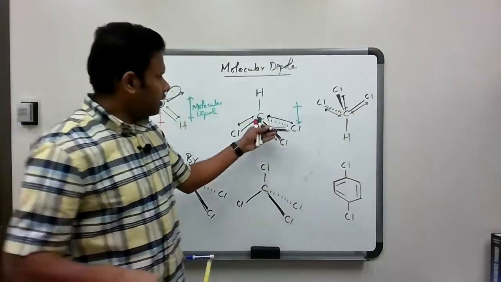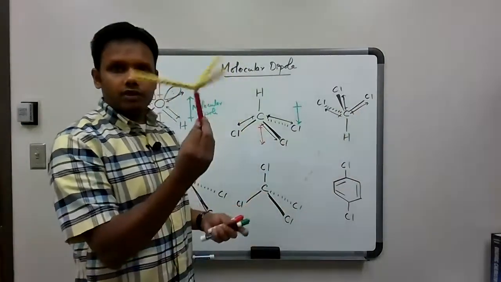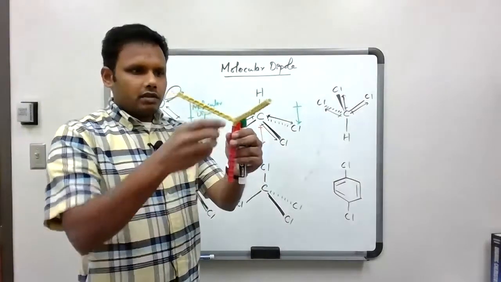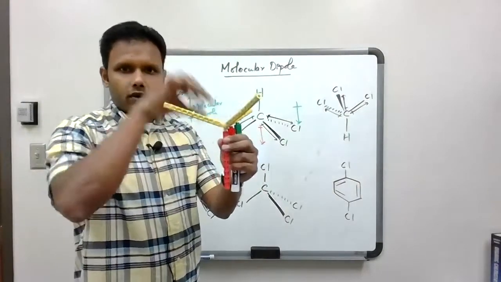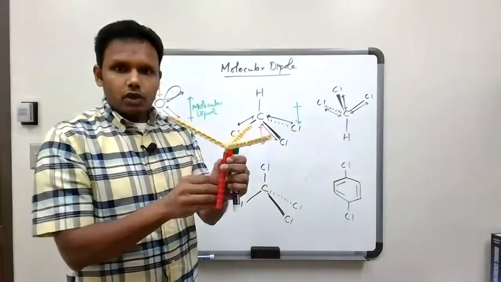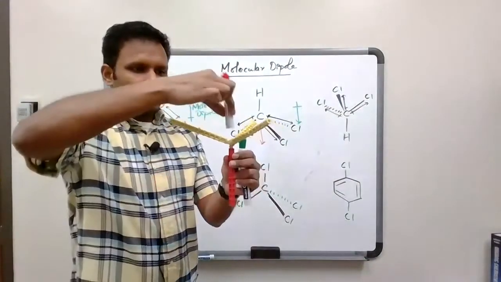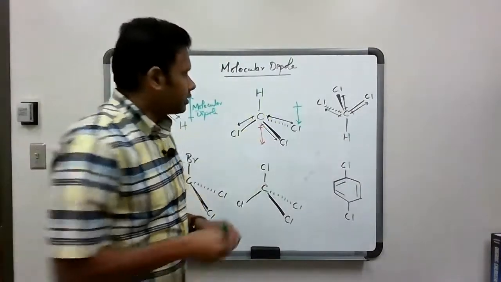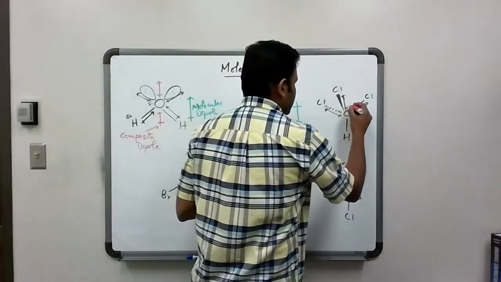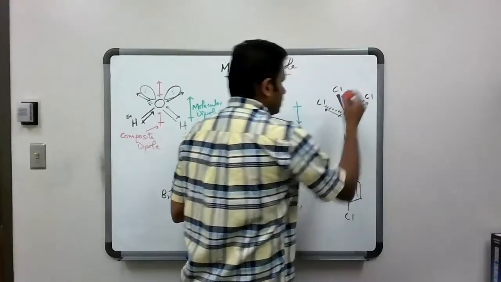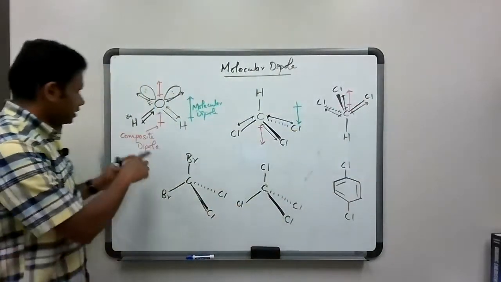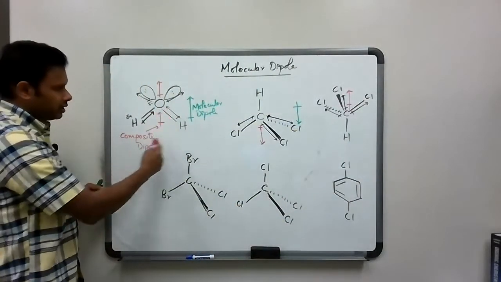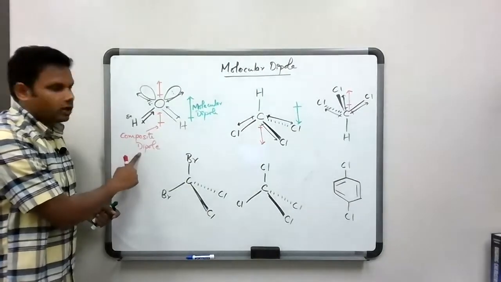So now we have the same molecule, but it is flipped over like this, and there is a dipole along all of these carbon-chlorine bonds. So the composite dipole for all of them is going to be pointing up in the middle like that. Okay, so the composite dipole is going to be here. That's the composite dipole. So the way I've done it here, I'm using red for the composite dipole.